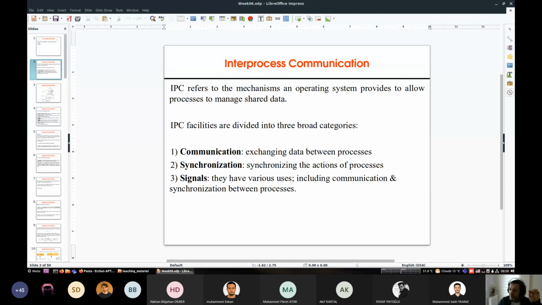Process A is sending data to process B. Now, process A is sending the data, but is process B ready to read the data? They need to synchronize. Or process B is expecting data, but how does it know that process A is ready to send the data, or whether it has sent the data or not, or whether it is available to send the data? They need to synchronize, even for a very simple task of sending data from A to B.